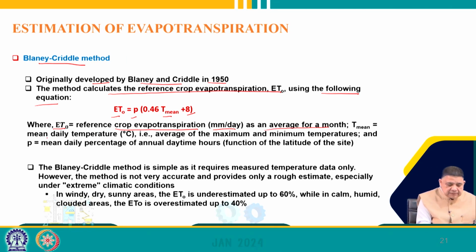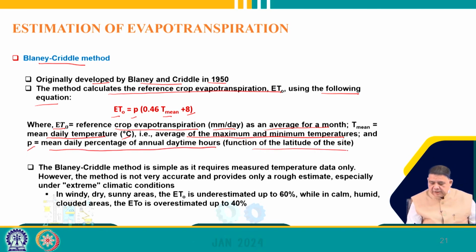T mean is the mean daily temperature in degree C, which is the average of maximum and minimum temperatures, and P is the mean daily percentage of annual daytime hours, which is a function of latitude of the site, a similar factor to what we saw in the Thornthwaite equation. So, if we know the values of T mean and P, we can find out ET0 using Blaney-Criddle.